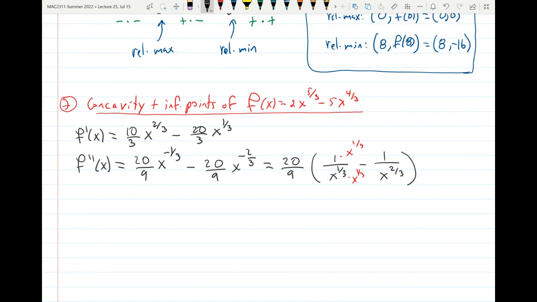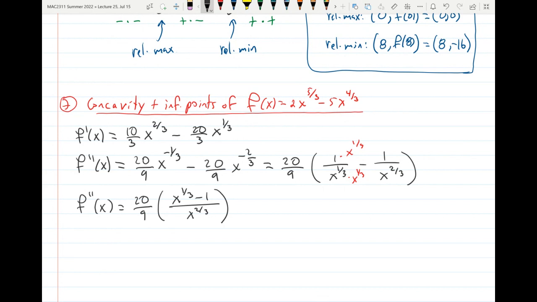So we get that our second derivative is going to be 20 over 9 times x to the 1 over 3 minus 1 over x to the 2 over 3.